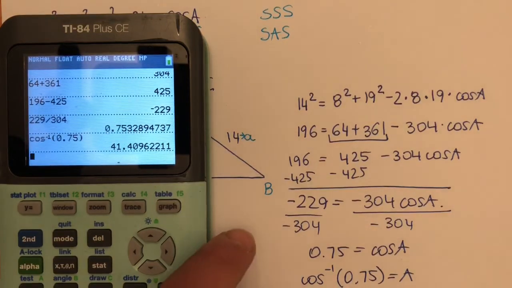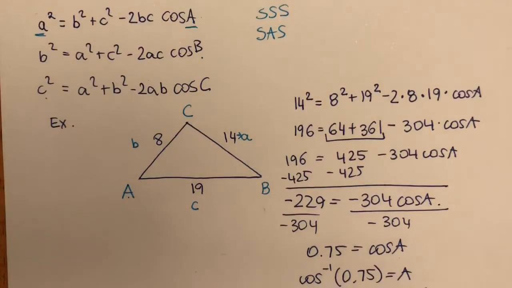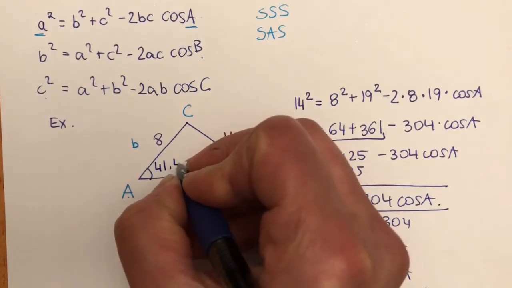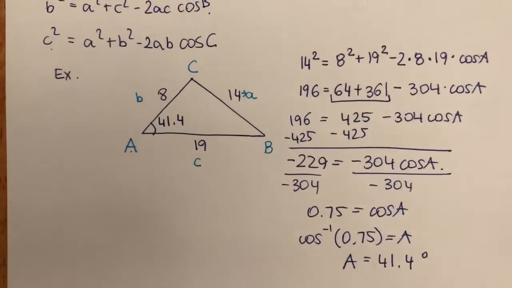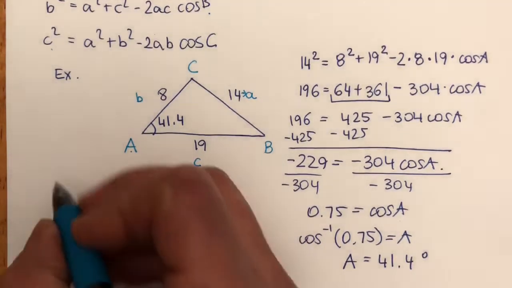And now we have to solve this triangle, so we need to find everything else. So notice A now is 41.4. And I want to find the remaining angles. And what I am going to do is I'm actually going to apply the laws of sines from yesterday.